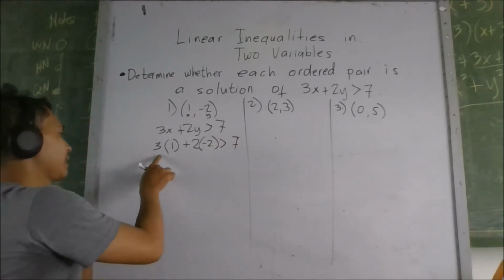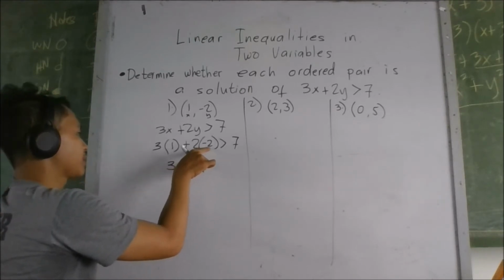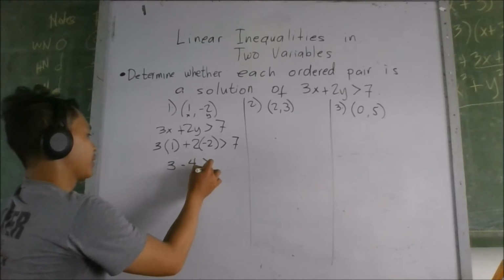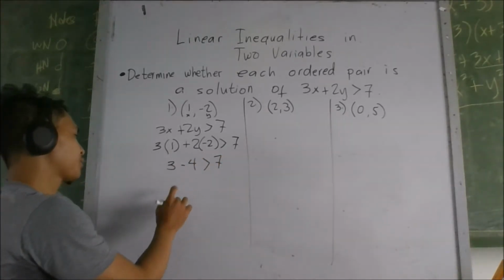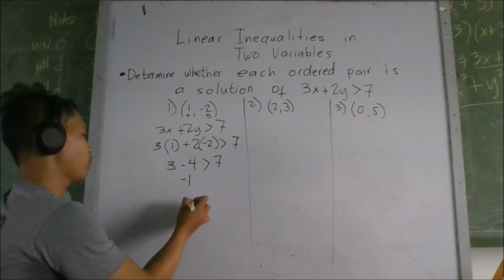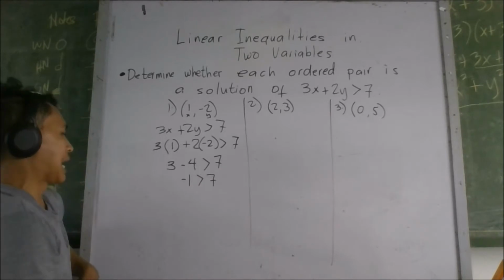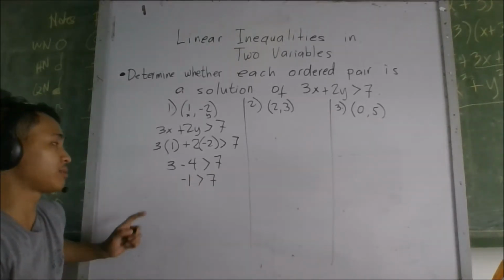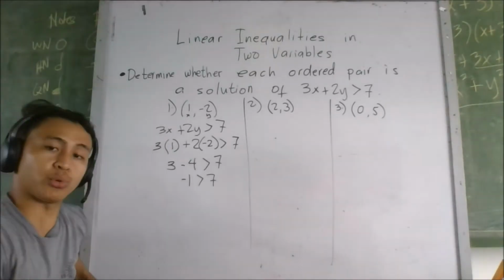Next, 3 times 1 is 3. Then, positive 2 times negative 2 is negative 4, greater than 7. Now, 3 minus 4 is negative 1, is greater than 7. Now, after we substitute and solve for the inequality, determine if it is true or false.